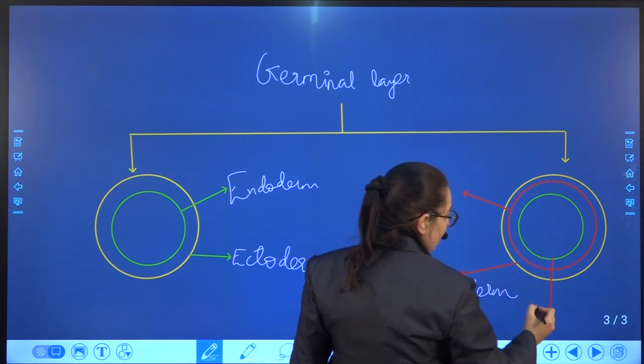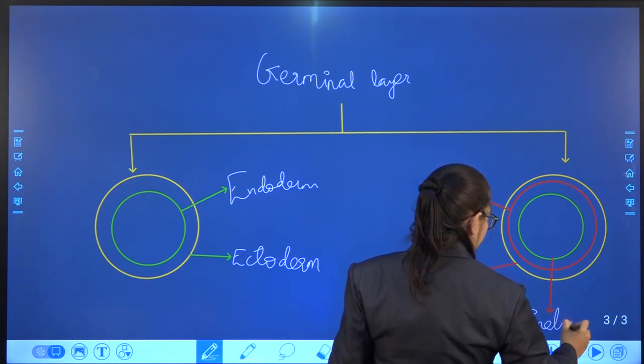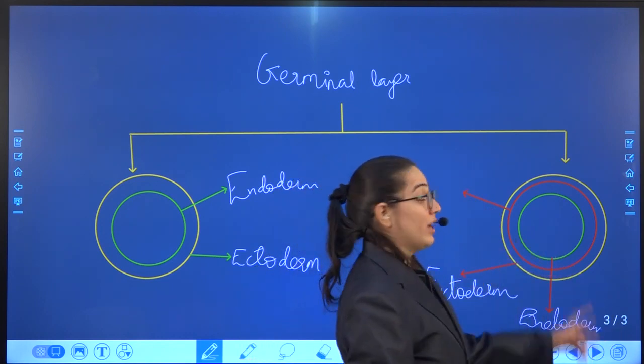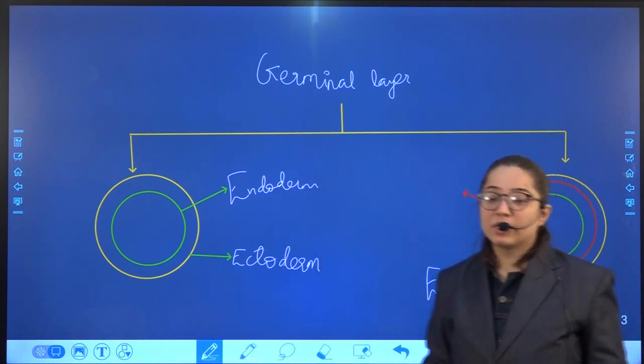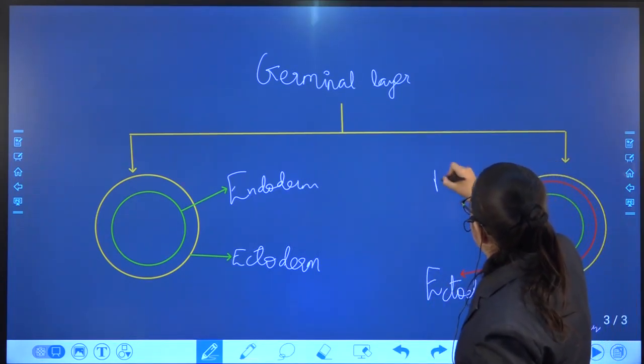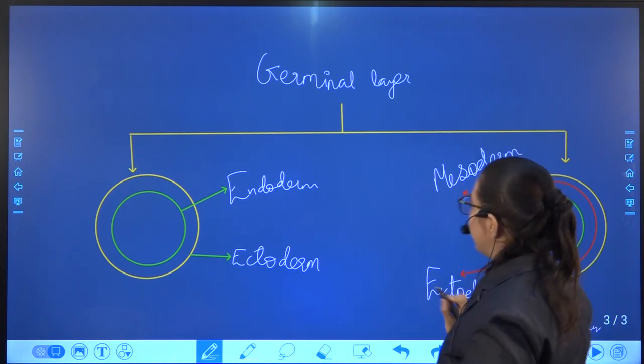This is the inner layer, so it is called endoderm. In between the two, there is one extra layer present, then it is called mesoderm. What do we call it? Mesoderm.